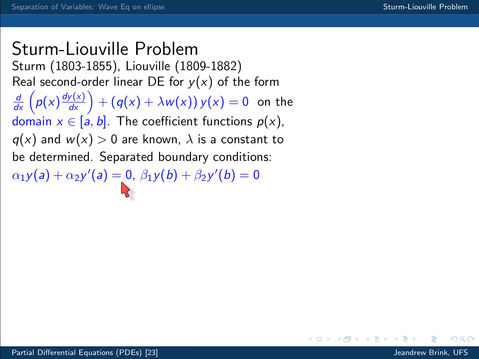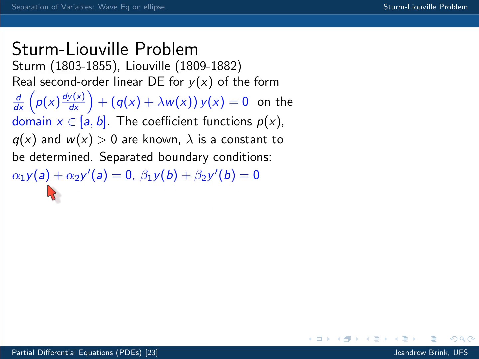So we basically say, instead of specifying both y and y prime at point a and nothing else, what you do in a Sturm-Liouville problem is you specify some combination of y and y prime at point a and some combination of y and y prime at point b, but only one piece of information is given at each part of the domain.